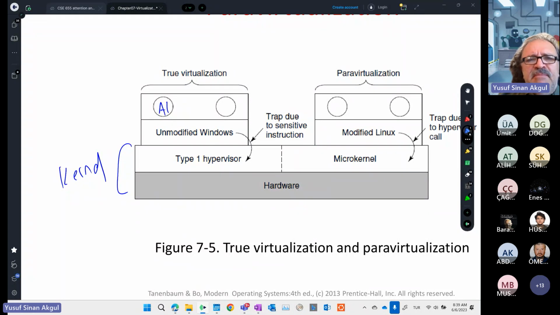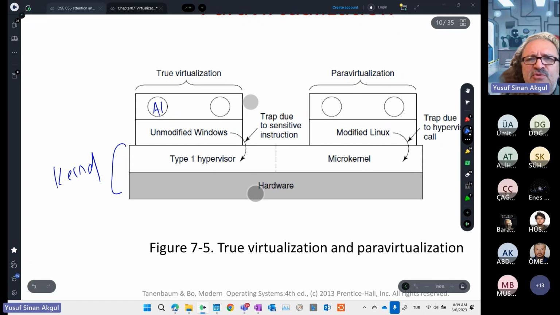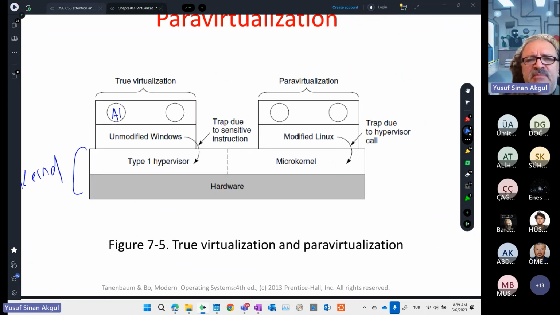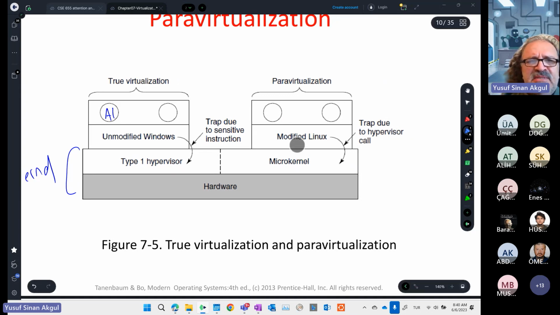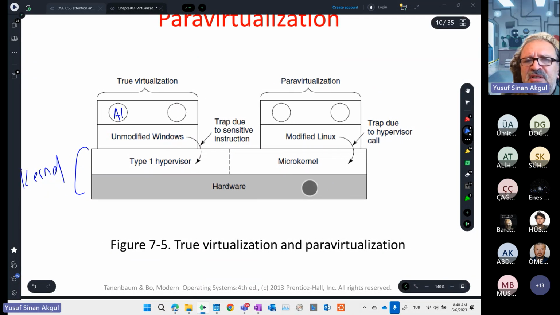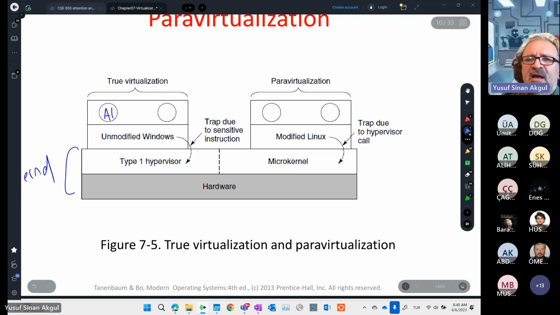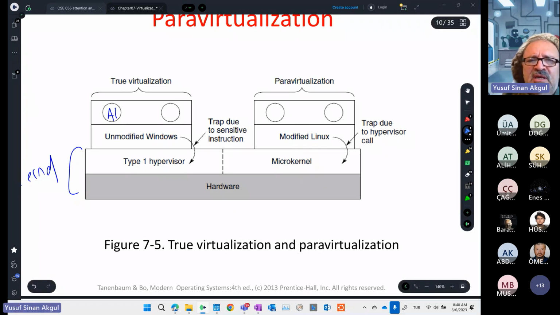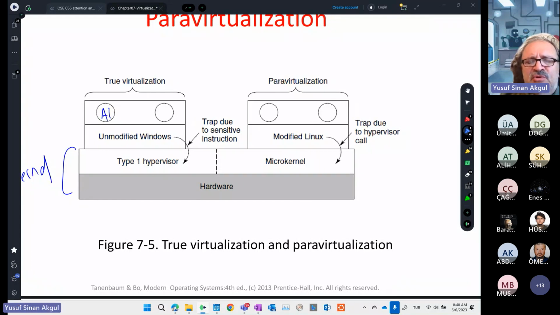Some people say that since virtualization is such a common and important thing, why don't we modify our popular operating systems such as Linux and Windows in a way that they know that they are working in a virtualized environment? So when they need to reach the hardware, they make a hypervisor call to the hypervisor or microkernel here.